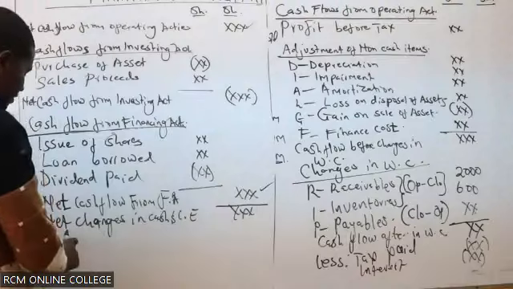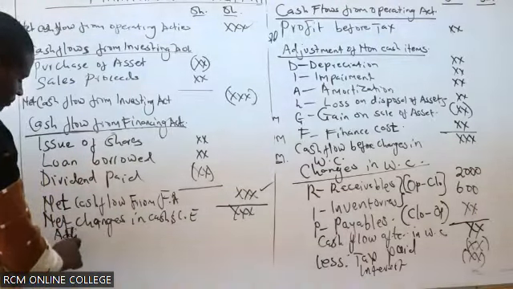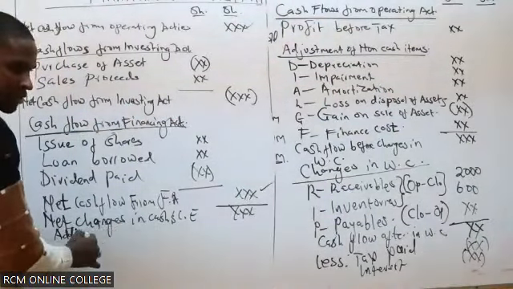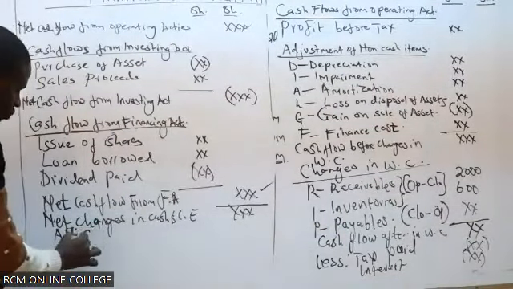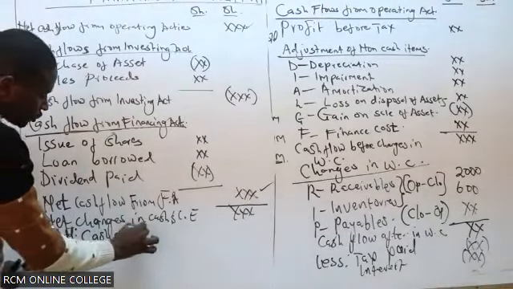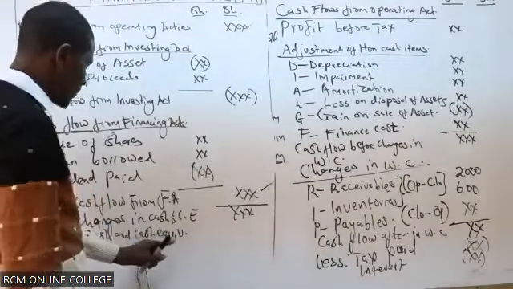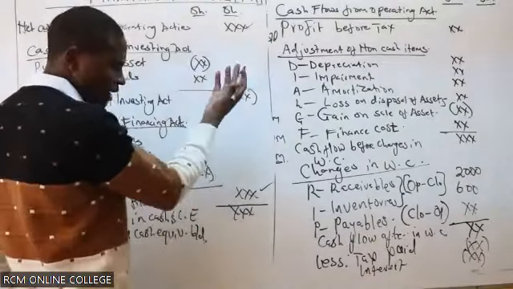Now, the last thing here is we add cash and cash equivalent. So you add cash and cash equivalent brought down. So for our years, where is brought down?